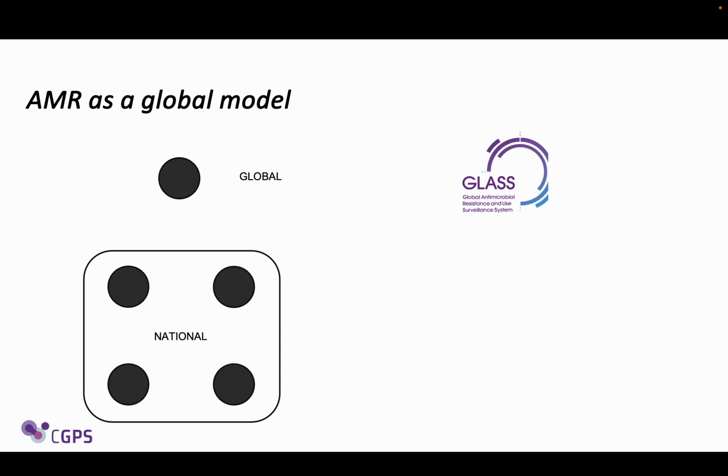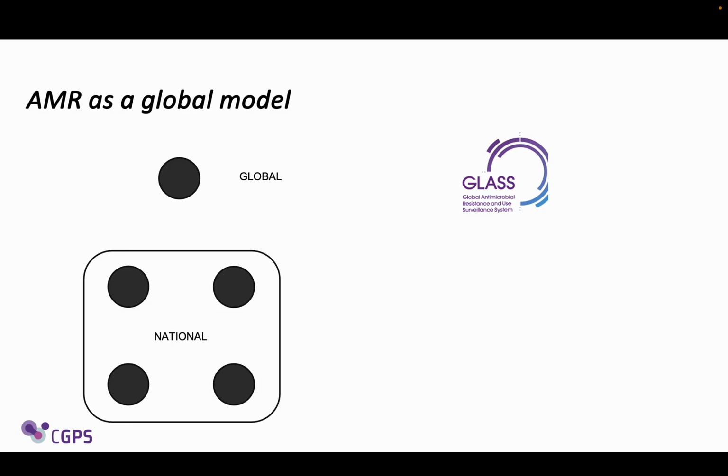So let's step back a little bit and think about AMR. Globally we do have an approach developed by the WHO for collating information about phenotypic resistance. The Global Antimicrobial Resistance and Use Surveillance System, GLASS, is a global effort to collate phenotypic information from member states into a global entity so that we can understand trends in resistance over space and time.